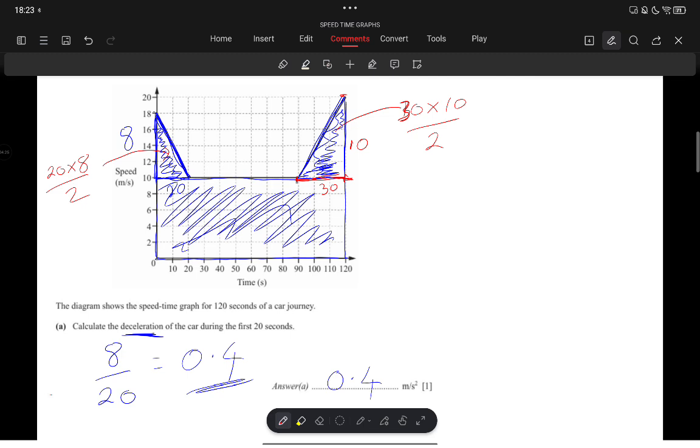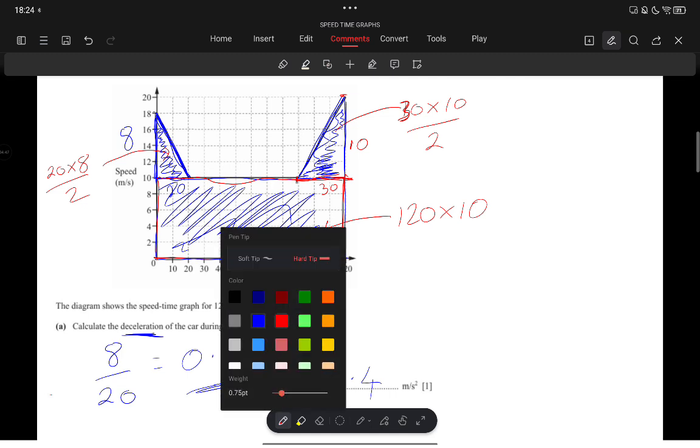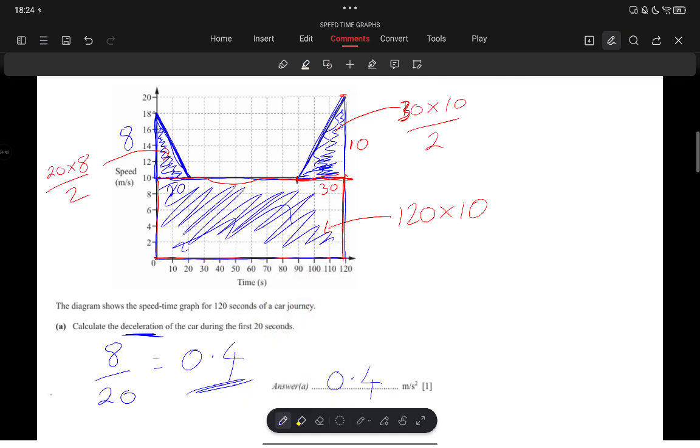And the rectangle, the base of the rectangle is 120. The height of the rectangle is 10, isn't it? We're going from 0 to 10. So the area of this rectangle is going to be base times height, 120 times 10. Let me write down all my method here.